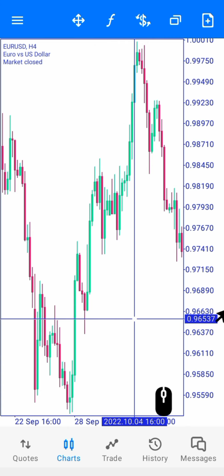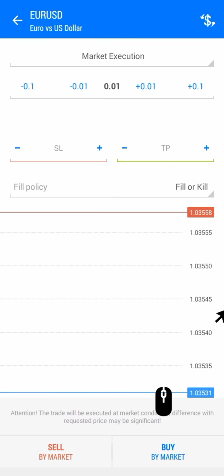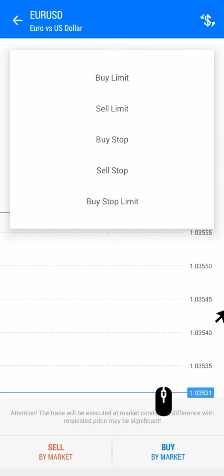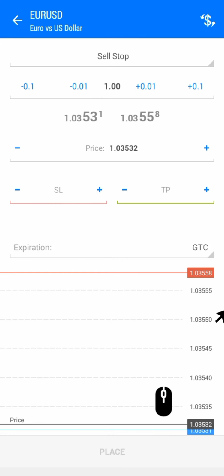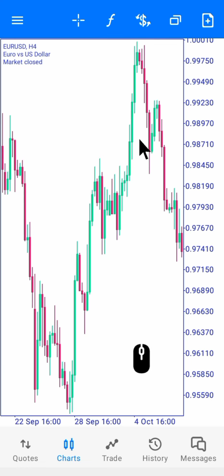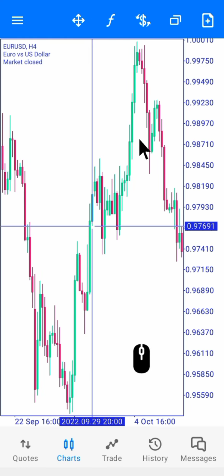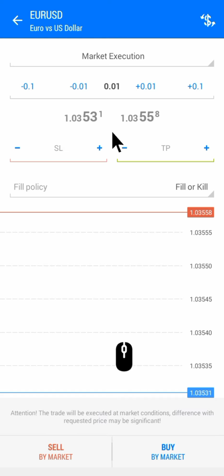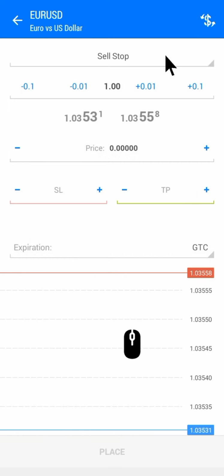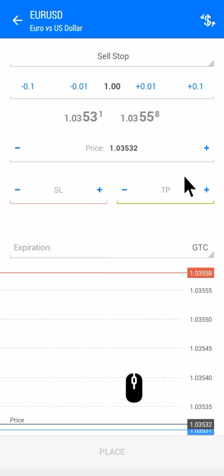So after you go to set sell stop, let's check this price. I didn't calculate. So the price is here. We wrote our price already, so we are going to set sell stop, then you put our price.